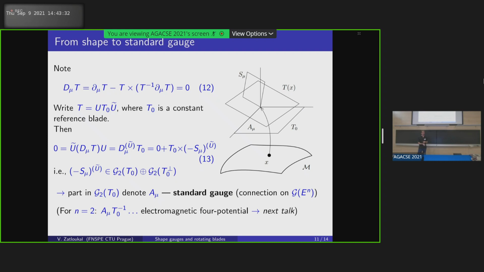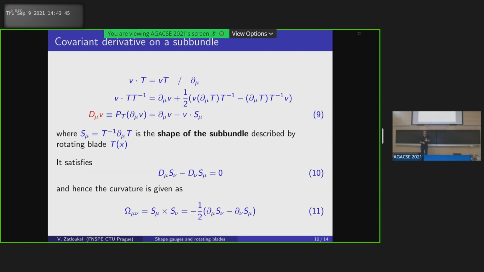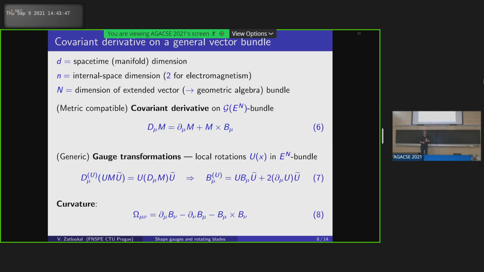And if we sandwich equation 12 to get 13, we find that this expression here is the gauge transformation of minus S mu. I recall that the gauge transformations were given in equation 7, with the notation with the bracket in the superscript.